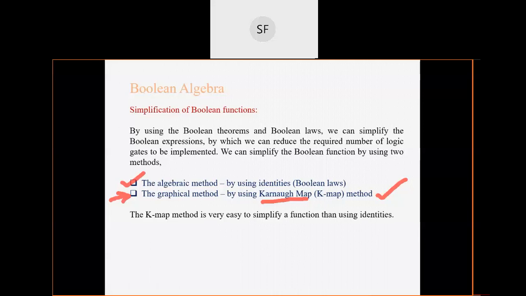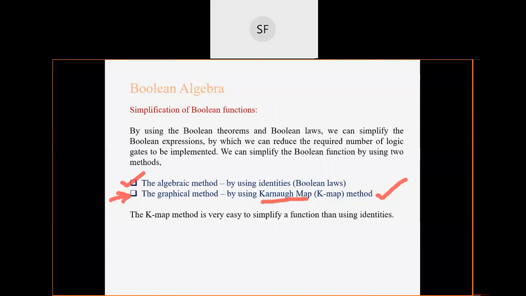Okay, so right now just remember what we have seen in this discussion: some basics of Boolean algebra, and the simplification of Boolean functions using the algebraic method. We have seen that simplification is very important in digital electronics, and there are generally two main ways of simplifying the Boolean expression.